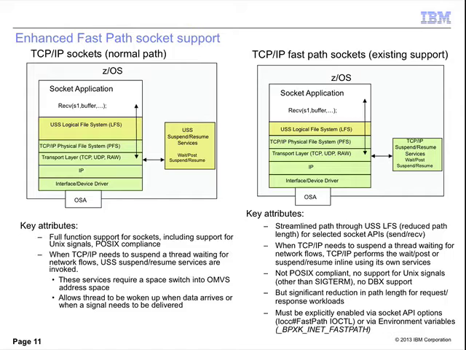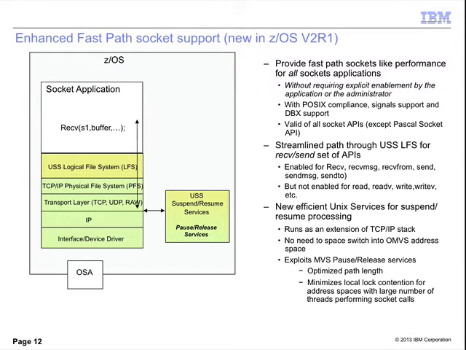And that's unfortunate because our internal tests had shown that FastPath sockets had a fairly significant performance benefit from a CPU perspective. So what we're going to do in V2R1 is make a change that will allow us to have FastPath sockets be the mode of operation for all TCPIP socket processing without enablement by the application.